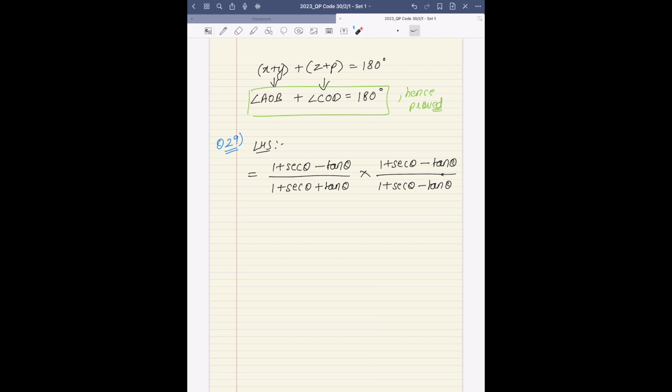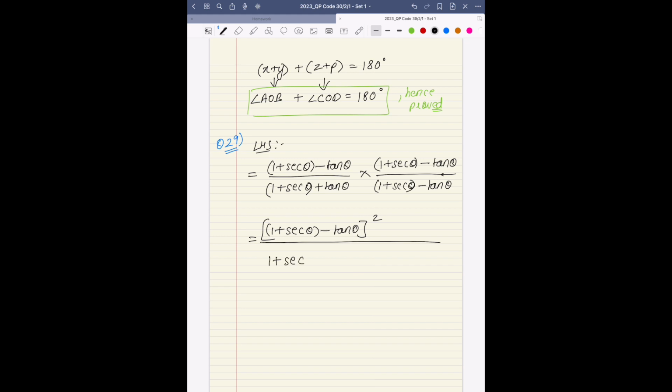Now let me put a bracket so that you understand better what we're trying to do. Now this is A minus B into A minus B, so what we'll get is A minus B whole square. So (1 plus sec theta minus tan theta), I'm going to write it so that you look at it as A minus B whole square, whole divided by A plus B into A minus B, which is A square minus B square.